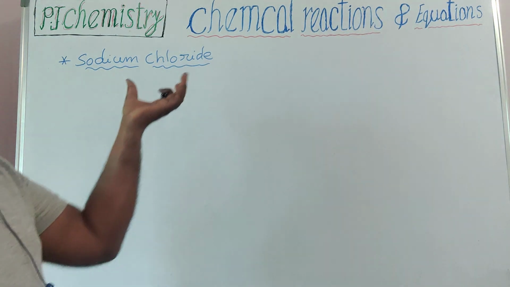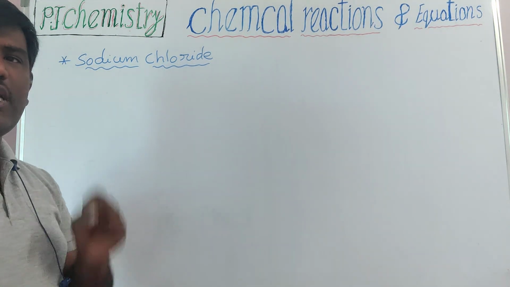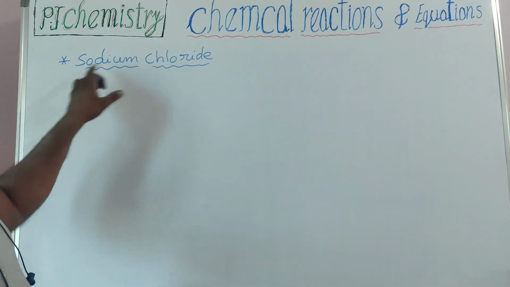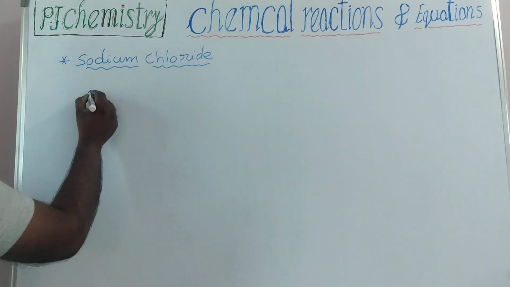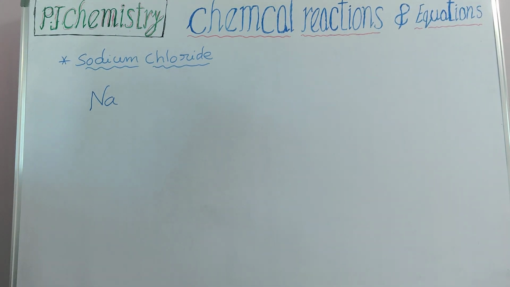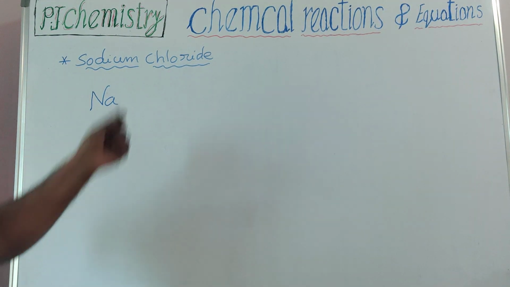First, from the given word equation, we should collect the symbols. Sodium, what is the symbol of sodium? Na. Sodium symbol is Na. Chloride.